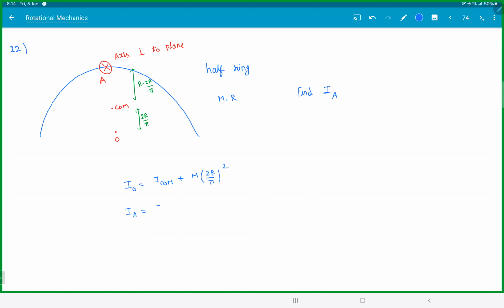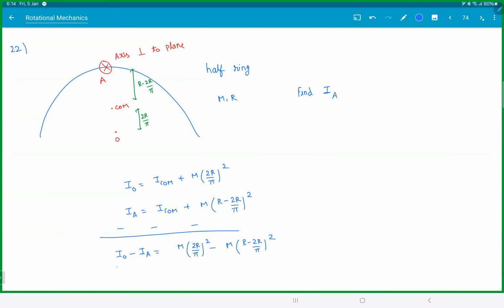Similarly, IA is I center of mass plus m into r minus 2r by pi whole square. Subtract them because I don't want the center of mass. So IO minus IA is equal to m into 2r by pi whole square minus m into r minus 2r by pi whole square.